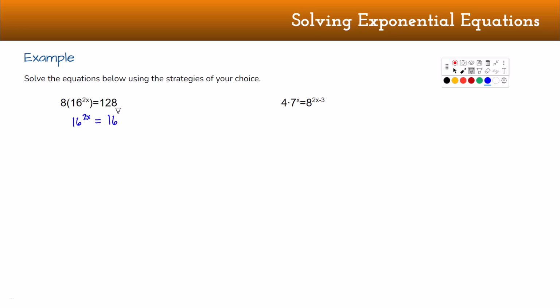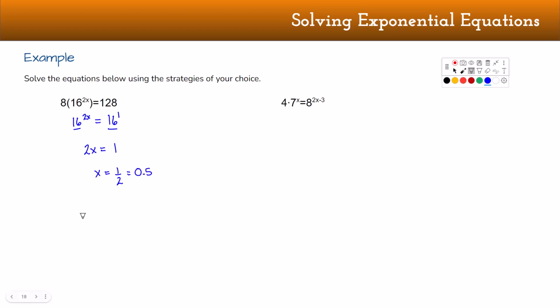Now, while this doesn't have an exponent, we all know that 1 is implied. We have the same base, so we can say 2x equals 1, or x equals 1 divided by 2, or if you wish, 0.5.